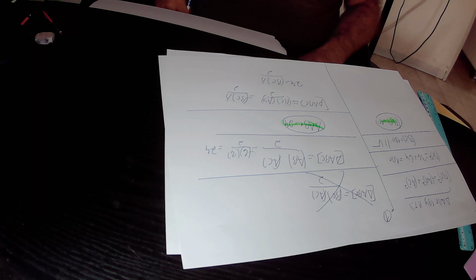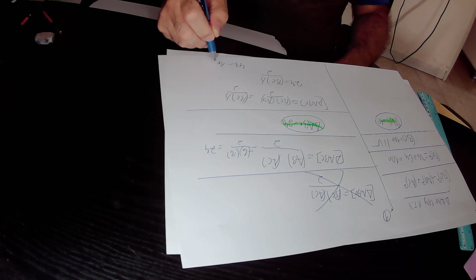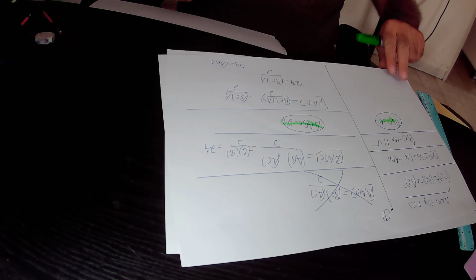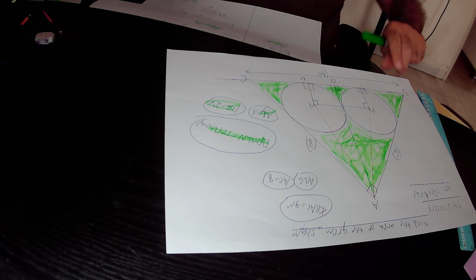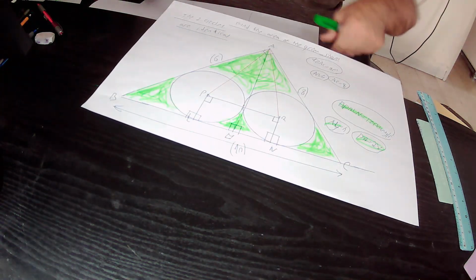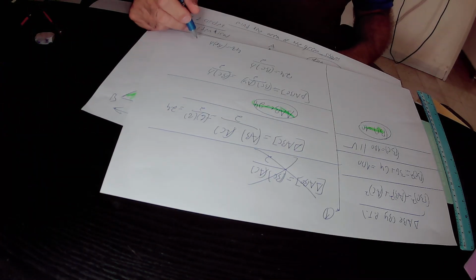Here we multiply this equation by 2, and we get that 24 times 2 is 48. 48 equals BC times H. We found out that the base BC equals 10, so substitute BC by 10.